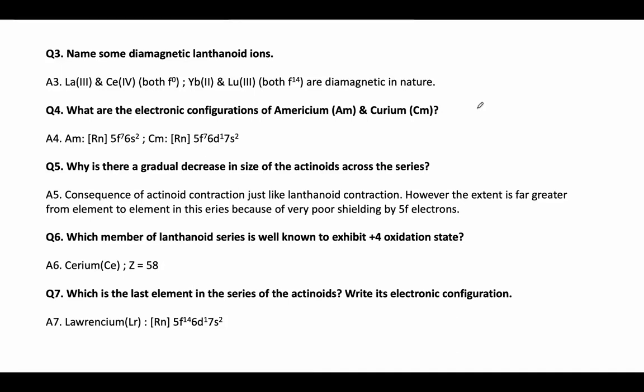Whenever we talk about diamagnetism, we have to understand that in case of lanthanides, the filling of electrons is in the range 4f1 to 4f14.